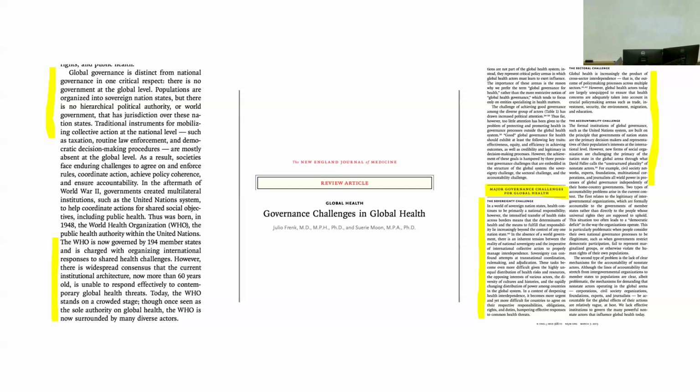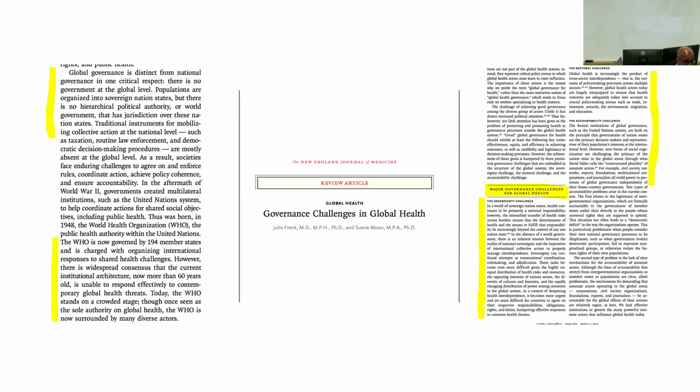What he's basically suggesting here is that even though global health implicates all sorts of different disciplines and sectors, it is very hard and ill-equipped to bring different sectors together, whether it's the environment, the health sector, or industry, to come up with consensus solutions. And the last one is the accountability challenge. This is one that is going to be a recurrent theme, that there's really no accountability in global health.